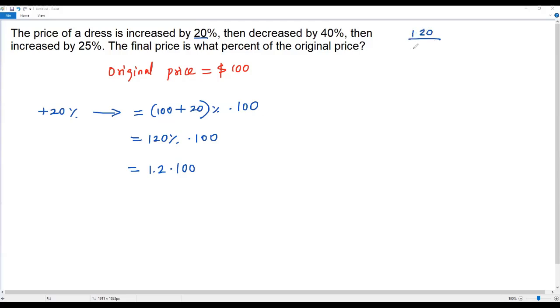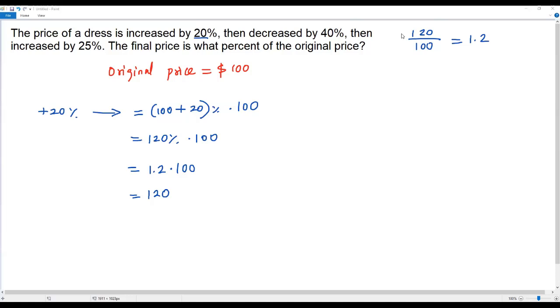So 120% can be written as 120 over 100, and the simplification of this is 1.2. That is, the decimal form of 120% is just 1.2, because 120 divided by 100. When I multiply this 1.2 by 100, it will become 120. So the price after 20% increase is $120.